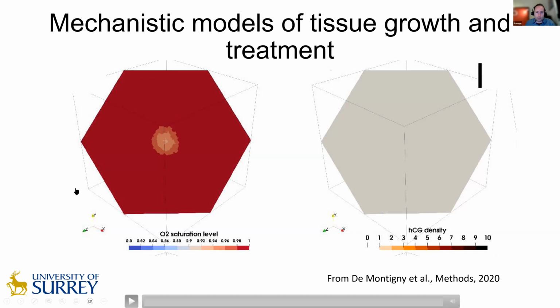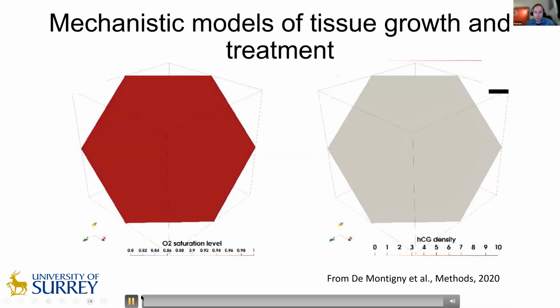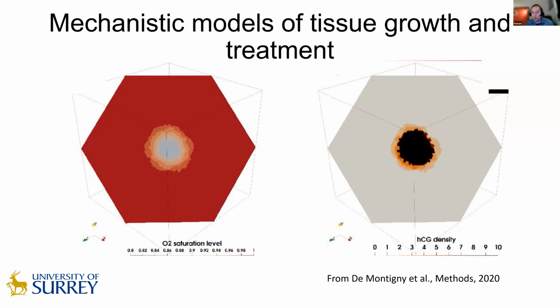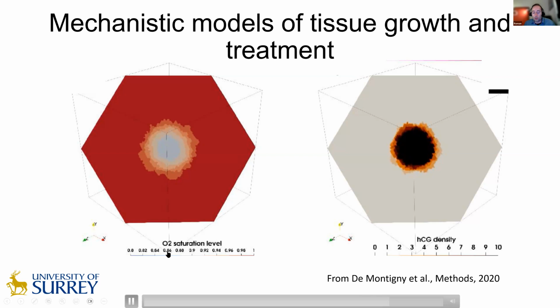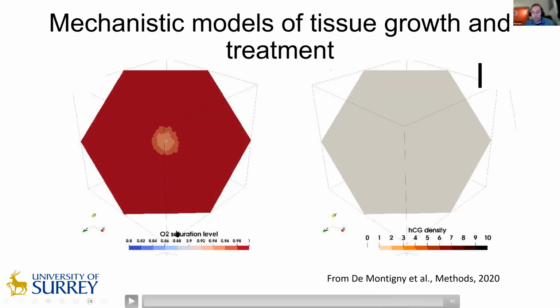In this case here, we simulated the progression of a brain cancer, a glioblastoma. And we simulated it in 3 dimensions, how it changes its morphology over time, and also what we expect to see with the oxygen saturation, because the oxygen saturation has a big impact on the progression or the division and proliferation of cancer cells.